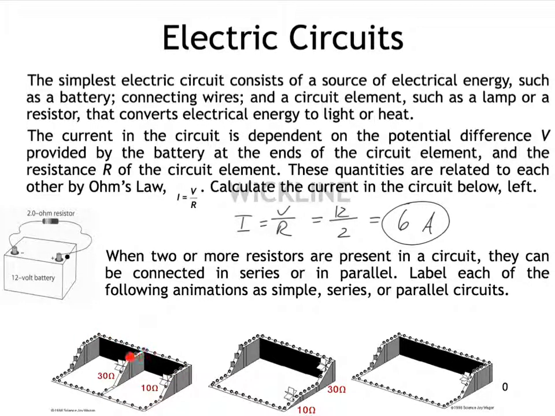So that's like this one, that's one of the parallel pathways, and then we have this one, which is the other parallel pathway. This one would be considered a series circuit, meaning that it goes down one resistor and then down the other resistor, and they're in series, meaning all the electrons have to flow through the same path. And then the last one would be considered a simple circuit, because it just has one resistor, and of course there's only one path there.